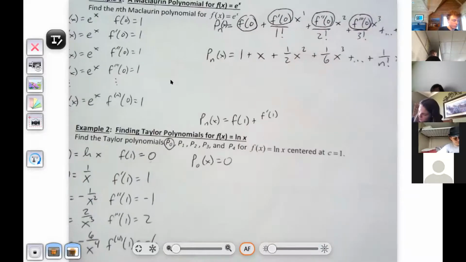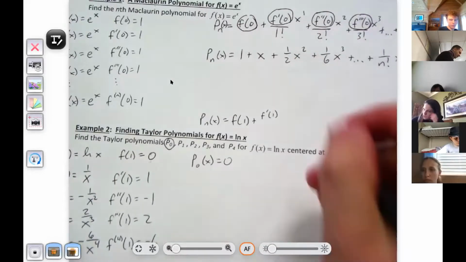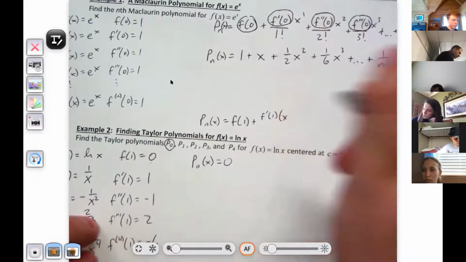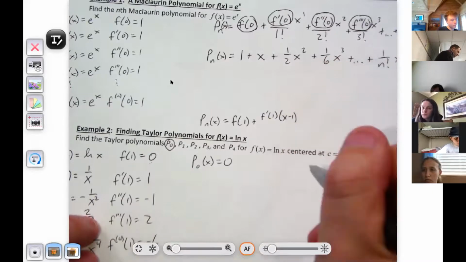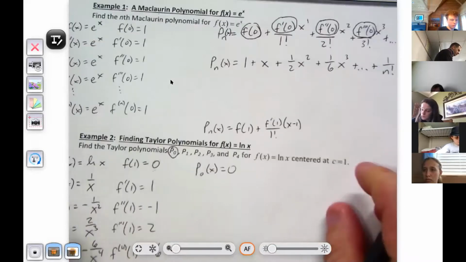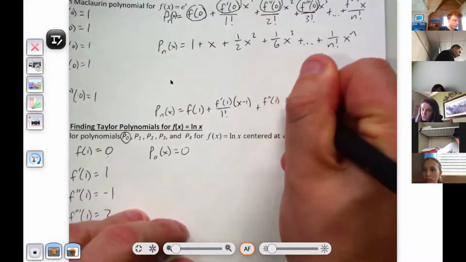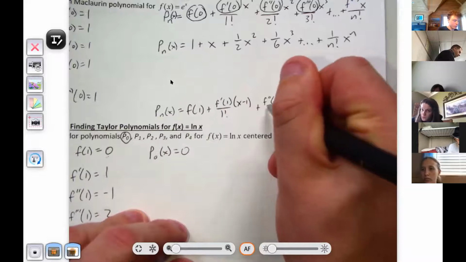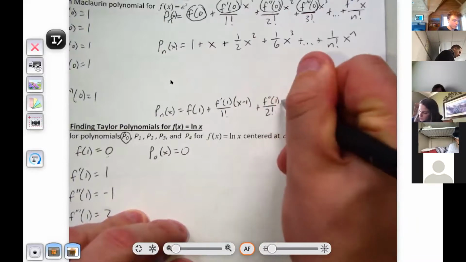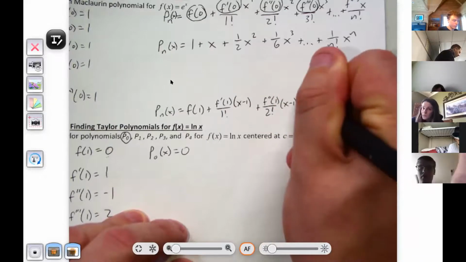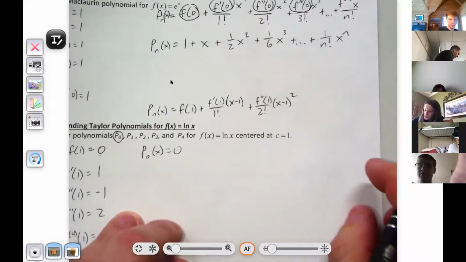It's not times x to the first. It's times x minus 1 to the first. You can put over 1 factorial. Plus f double prime of 1 over 2 factorial times x minus 1 squared. You're just following that pattern.